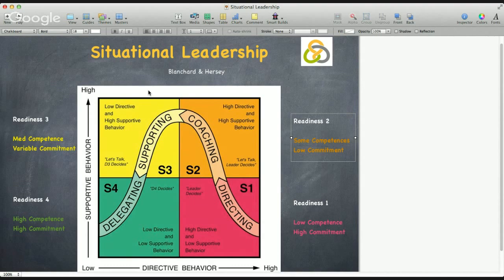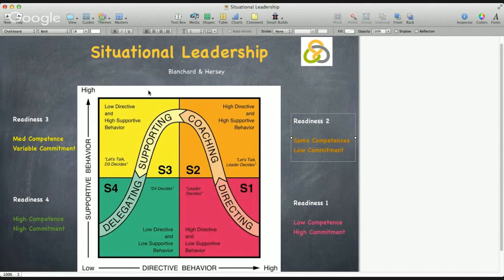So the 4 approaches that you can adopt: directing, where you provide high levels of direction but low levels of support; coaching, where you provide high levels of both direction and support; supporting, where you provide high levels of support but low levels of direction; delegating, where you provide low levels of support and low levels of direction.